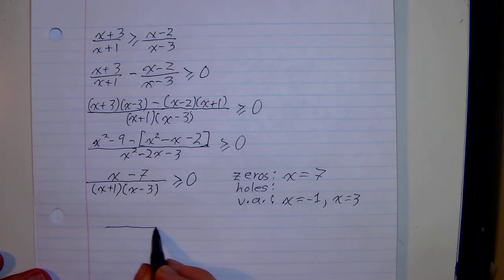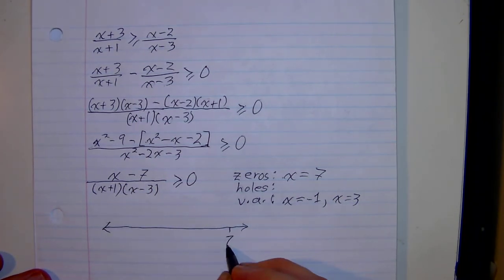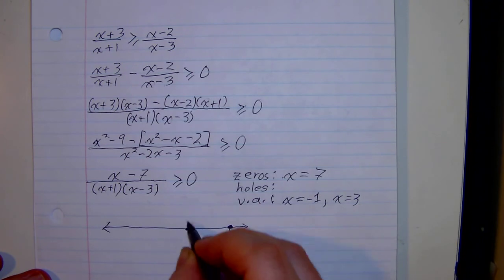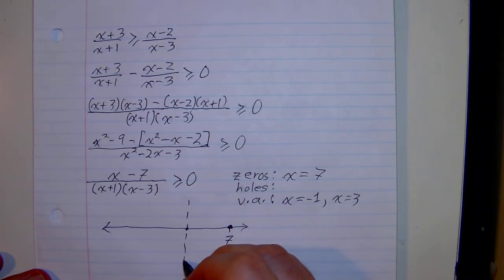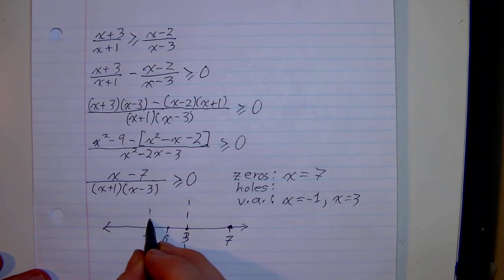So if we set that out along our number line, up here at 7, we have a zero. At 3, we have a vertical asymptote. There's 0, nothing's happening at 0. And then at negative 1, we also have a vertical asymptote.